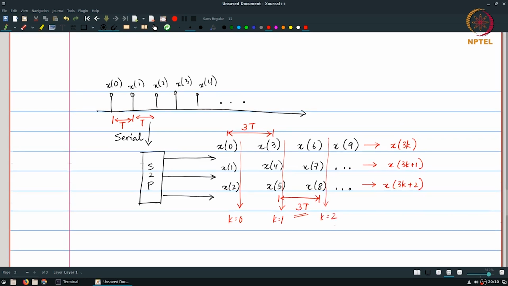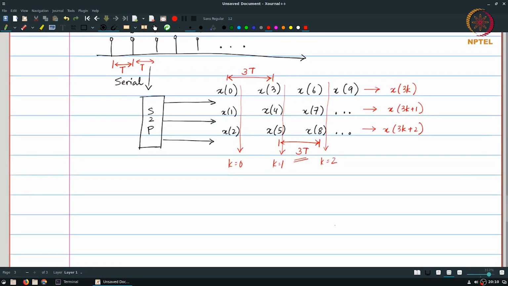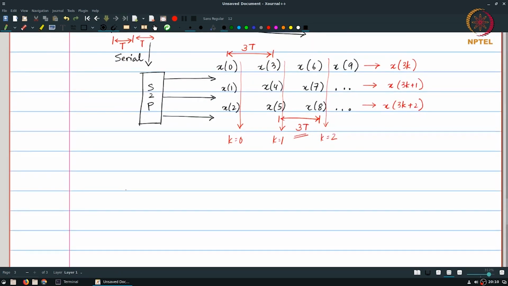Now, in addition to this, the next useful observation is this: if I have a stream x of 3k, which has the values x of 0, x of 3, x of 6, and so on, what happens if I put this through a single delay element?